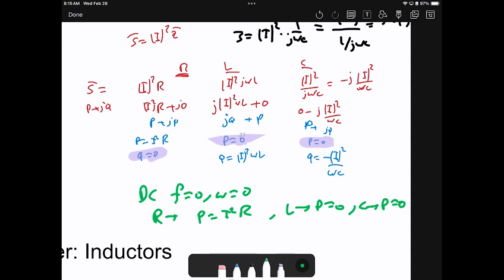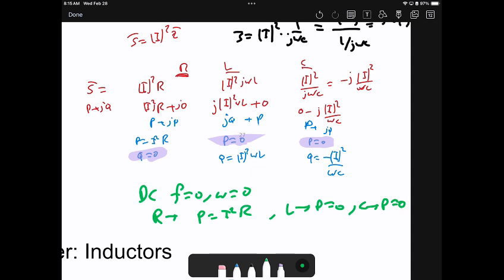As a result, the inductor and capacitor are not consuming real power. You remember in the last lecture when I mentioned Lay's chips: the real power is the actual chips that you eat, and the reactive power is the gas inside the chips to keep them fresh. So the inductors and capacitors are not consuming real power.